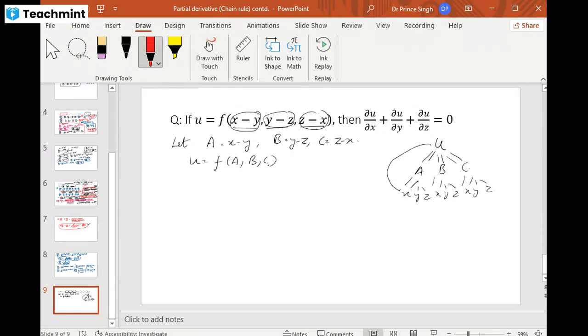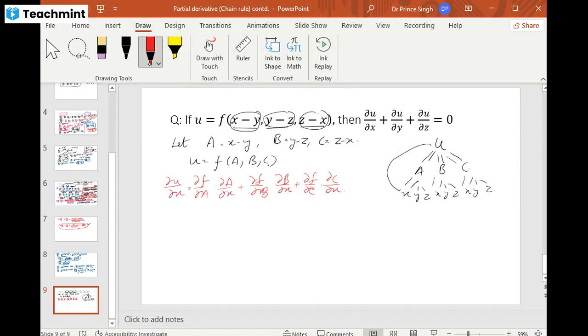So what is the derivative of u with respect to x? This is curly f upon curly a into curly a upon curly x, plus curly f upon curly b into curly b upon curly x, plus curly f upon curly c into curly c upon curly x.